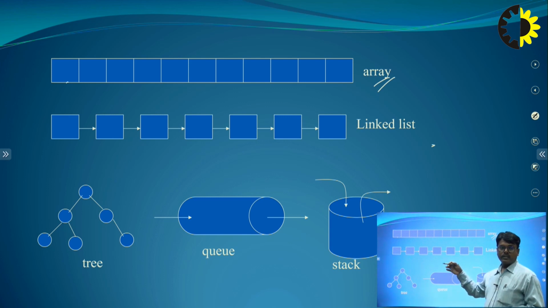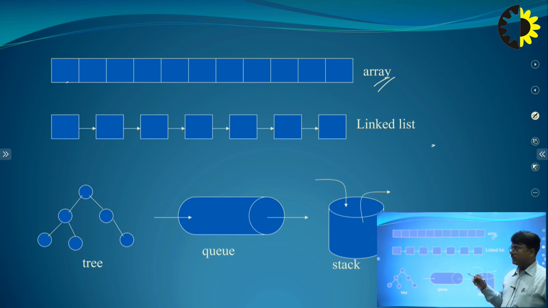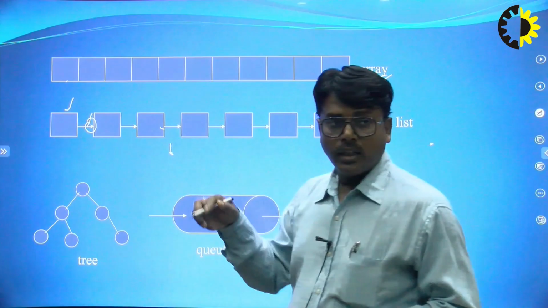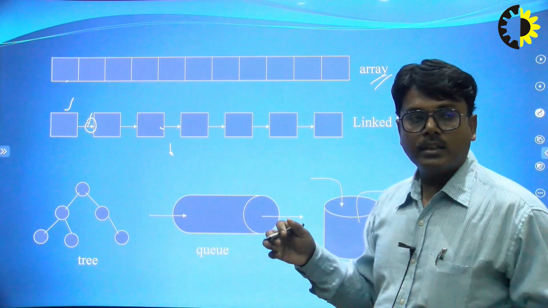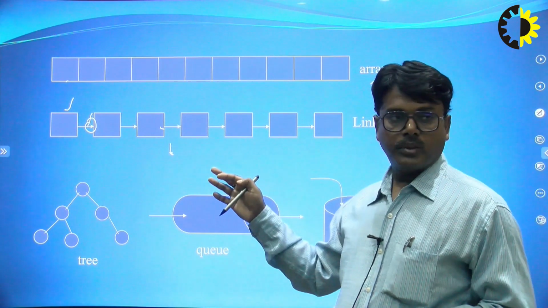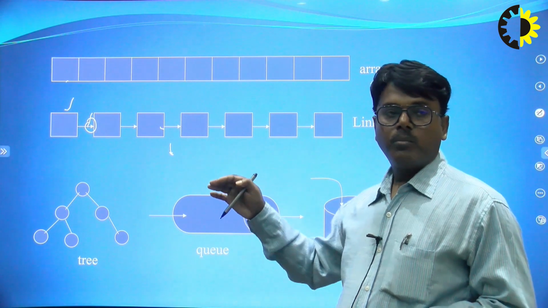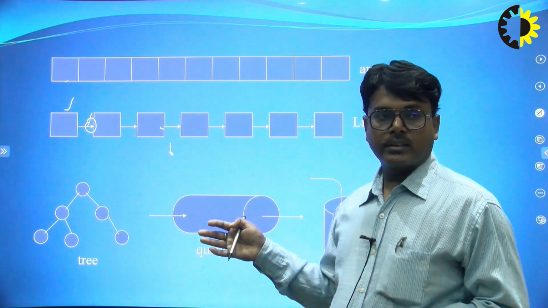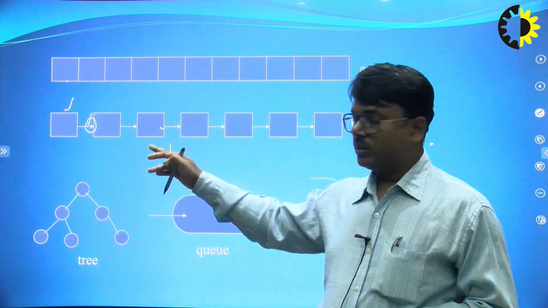In case of forward direction, the next value will be the data, and similarly it will proceed. Another linear data structure is linked list. Here again this one holds the data. In a linked list, with the help of this arrow pointer, we point to which data comes next after the first data.